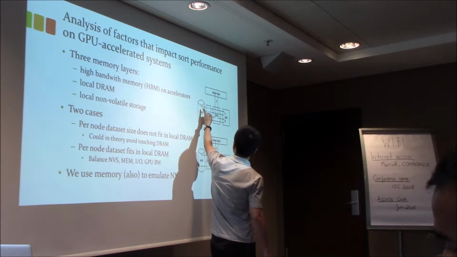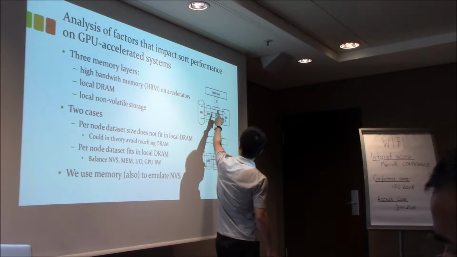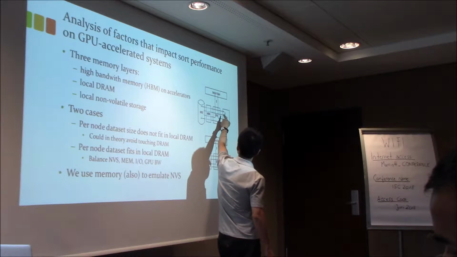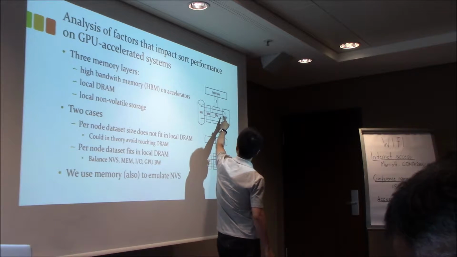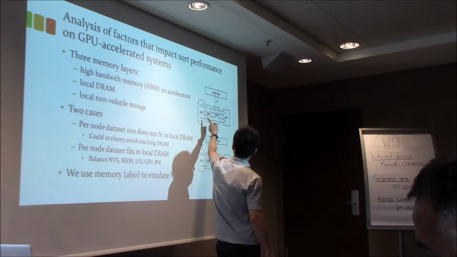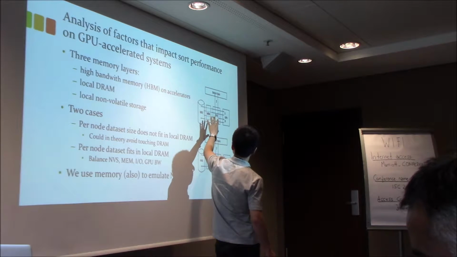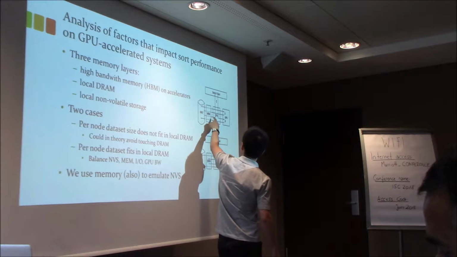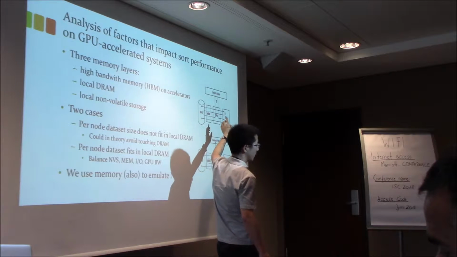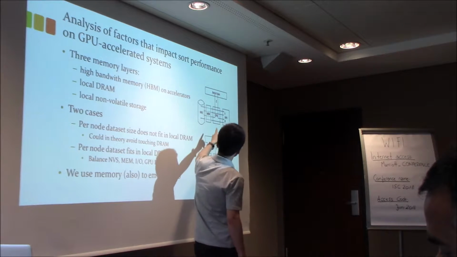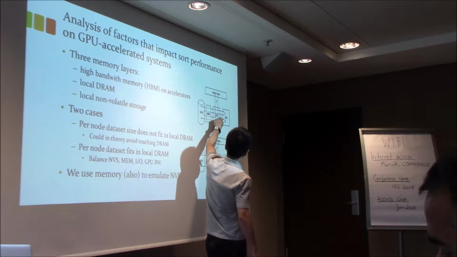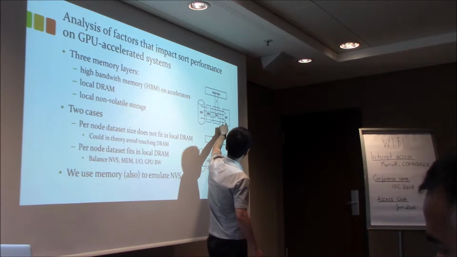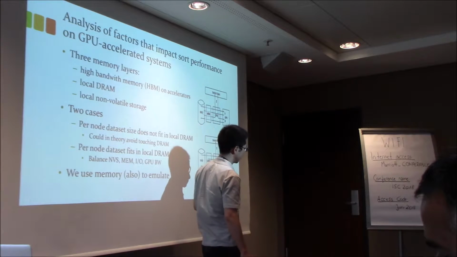Imagine data is read from storage into the GPU for the sort, which is like loading the data. After the sort, the GPU writes the output temporarily into storage, because memory cannot fit the data. Then when shuffle begins, the data is read into the switching fabric, and another amount of data is received from the fabric to the GPU for final sort. After the final sort, the data is written to storage again.